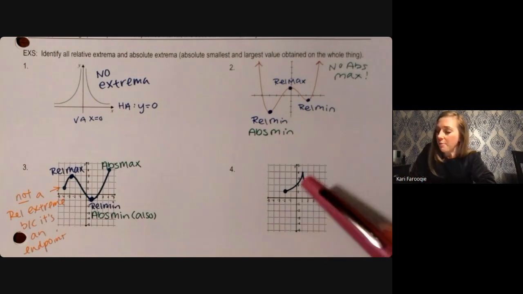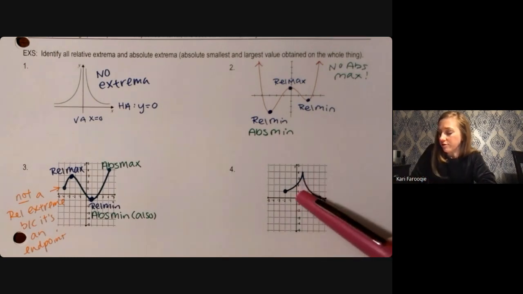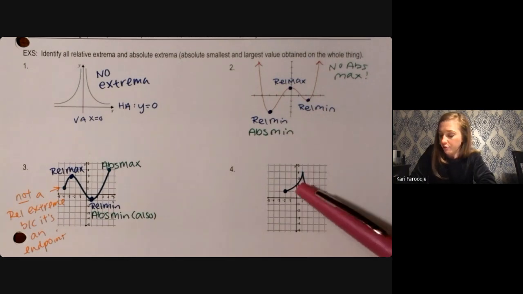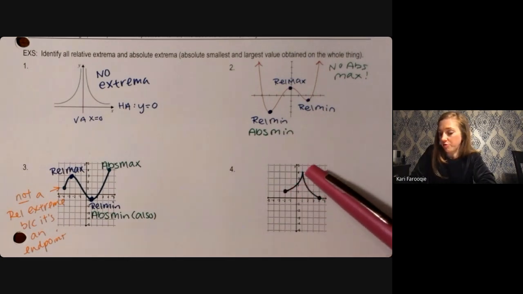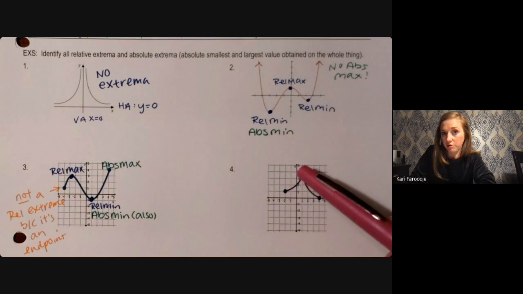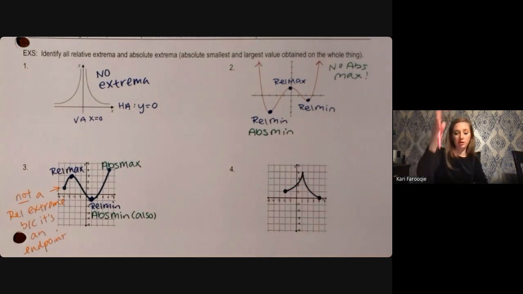But again, we're looking for relative extreme values to have neighborhoods around both sides, and we want to be able to clearly see that we have either a hill or a valley. Now, in this case, I would say that I don't actually have any relative extrema at this point.